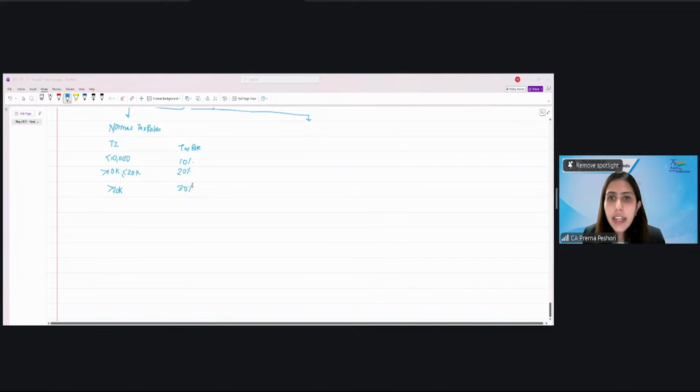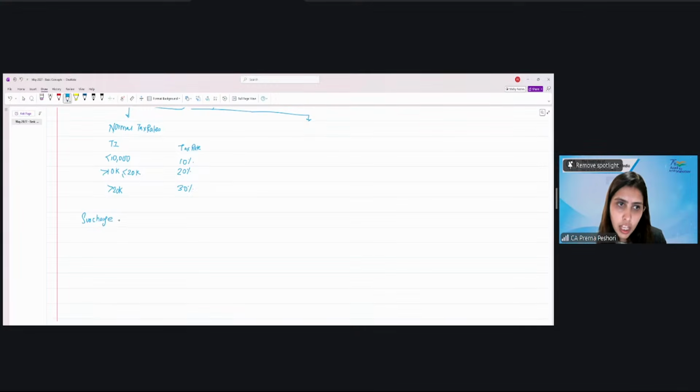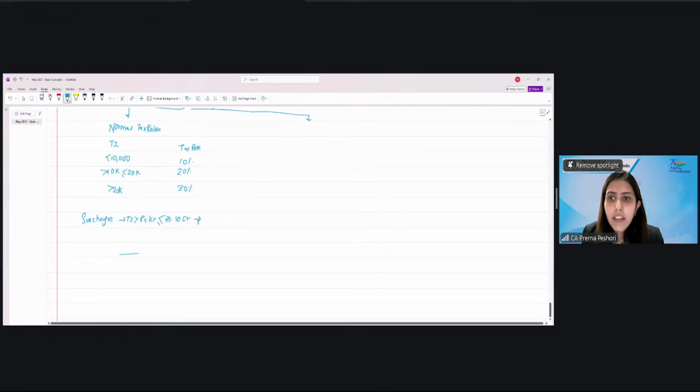These are the normal tax rate, right? And plus there is a surcharge. What is the surcharge? The surcharge will be, if the total income is greater than rupees 1 crore but less than rupees 10 crore, it shall be 7%.